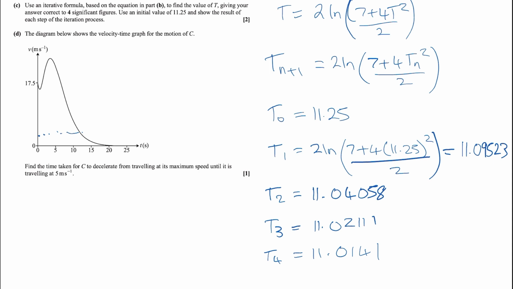It's kind of starting to stabilize now. And then T5 is 11.0116. Let's just do one more to check, but I think we're there now. Yeah. So to 4 significant figures, we've got t is 11.01.